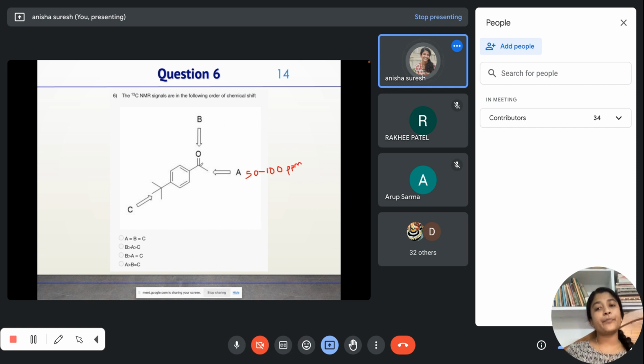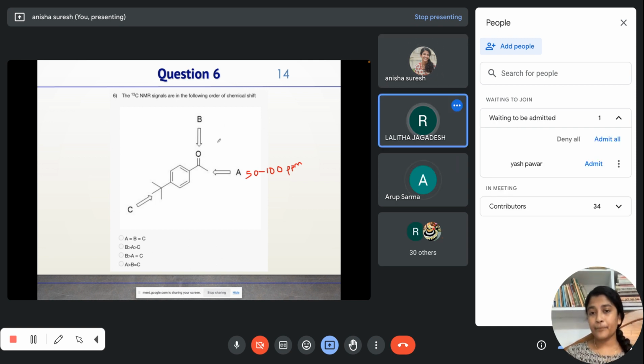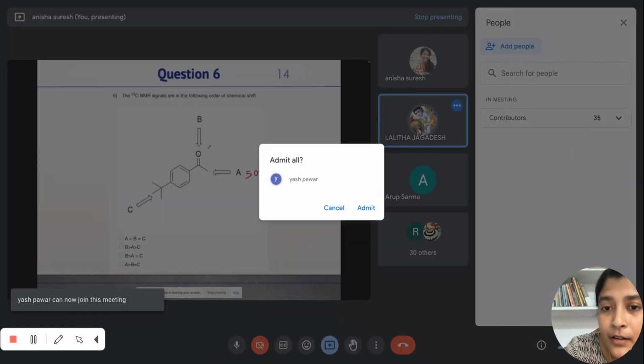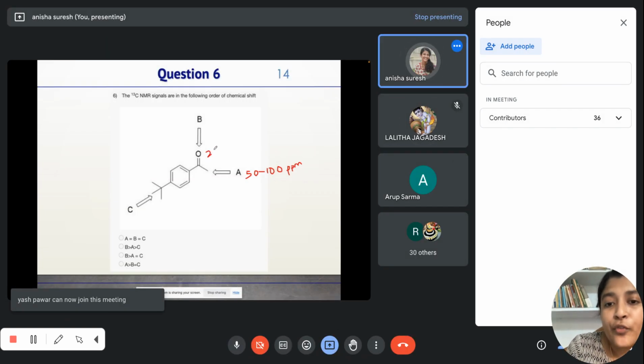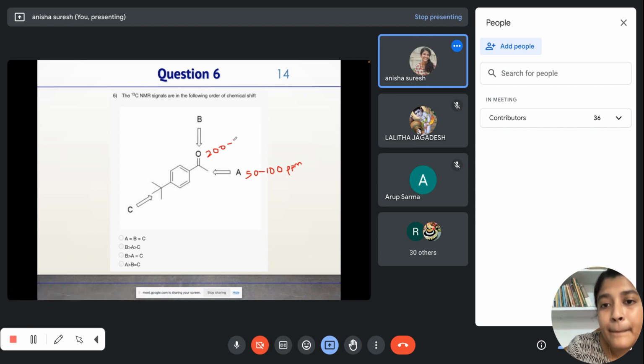What will be the range of B? 200 to 150. Yeah, 200 to 150 ppm. And what will be the range of C?